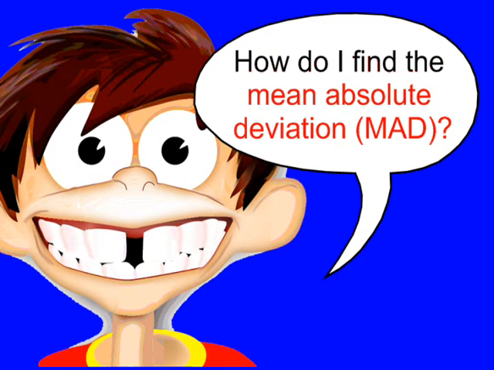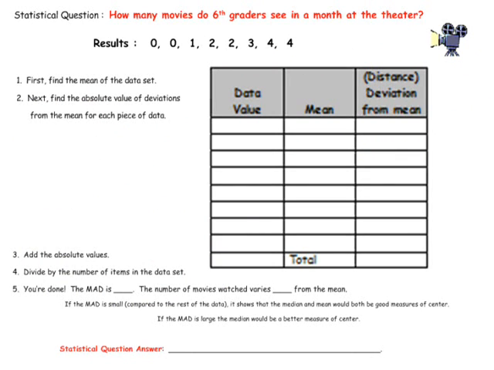So how do I calculate mean absolute deviation? Let's take a look at another example. Here we have 8 students that were surveyed, and they were asked, how many movies do you see a month at the theater? And of course we have 2 students that see 4 movies, and 2 students don't go to the movies at all at the theater. So the first thing we want to do is find the average of all these numbers.